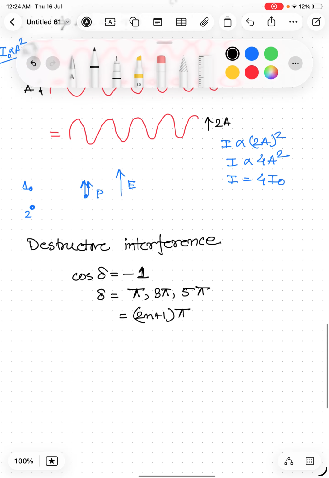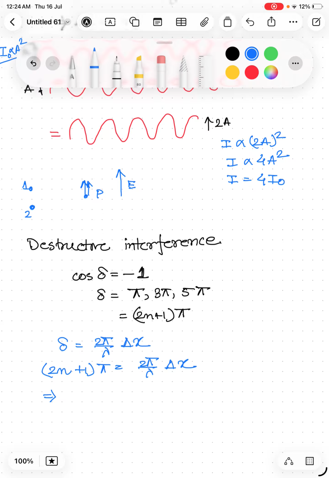We already have found out the expression of delta in terms of path difference. So delta equals 2 pi by lambda into delta x. Put the value: (2n plus 1) into pi equals 2 pi by lambda into delta x.